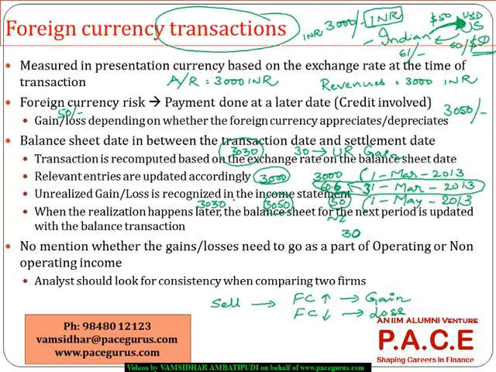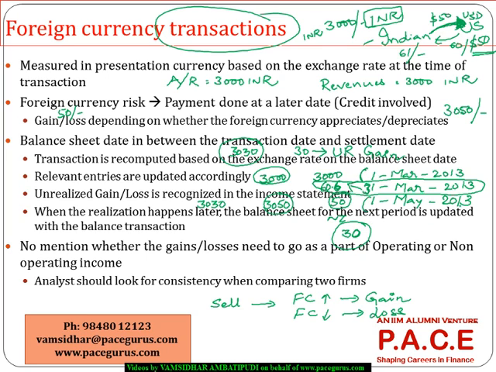Though it was 3000, now that on the balance sheet date the exchange rate has changed, you will update your financial statements based on the balance sheet date itself. So you will make your accounts receivable 3030, and though it is an unrealized gain, you take this unrealized gain into the income statement itself.